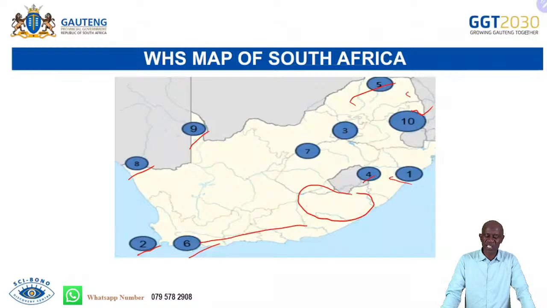It's found between the borders of the two provinces. So it is important that you familiarize yourself with the South African map, with the 9 provinces, so that you can plot the location of these World Heritage Sites as effectively as required.